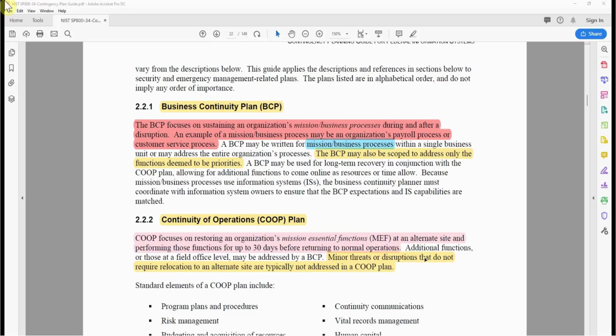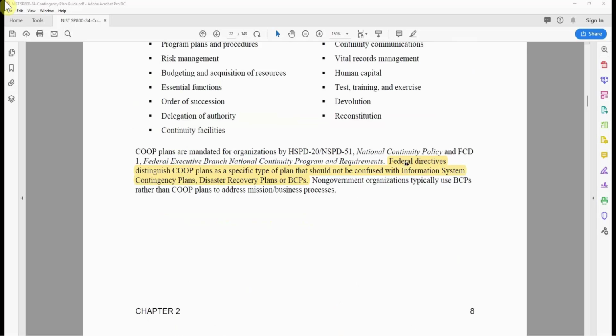Minor threats or disruptions that do not require relocation to an alternate site are typically not addressed in a COOP plan, or continuity of operations plan. Federal directives distinguish COOP plans as a specific type of plan that should not be confused with Information System Contingency Plan, Disaster Recovery Plan, or the BCPs.